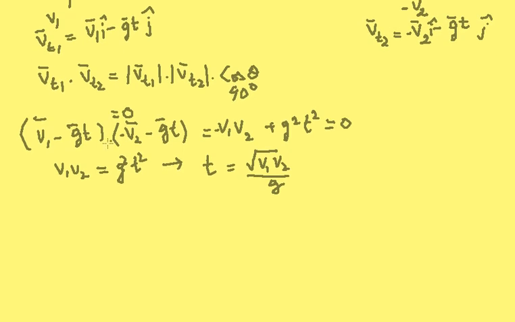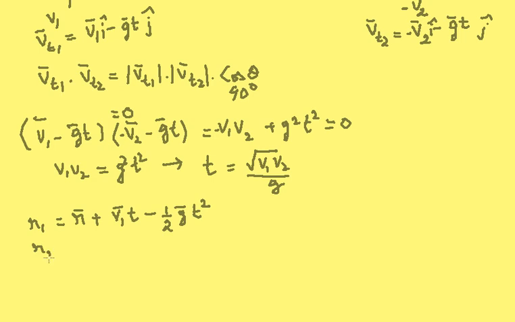So the resultant r1 for the first body would be equal to R bar plus V1 bar into T minus 1 by 2 into G bar into T square.